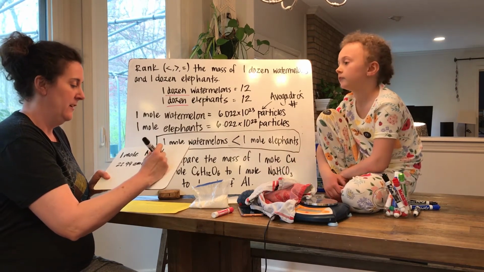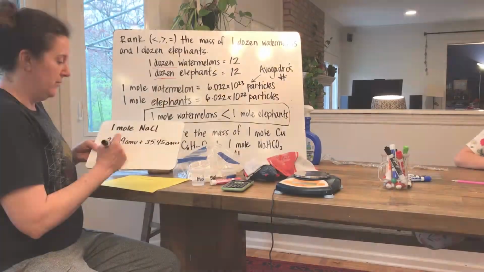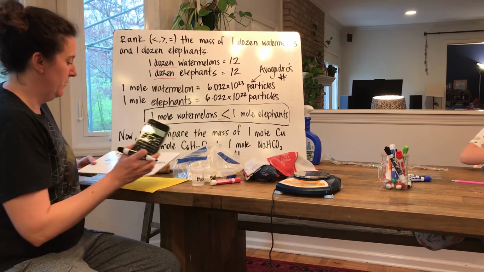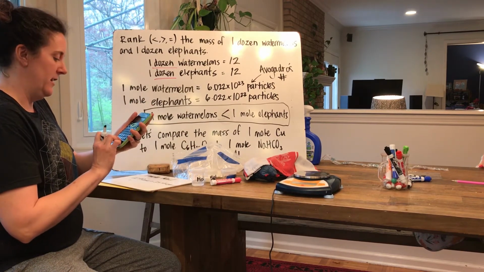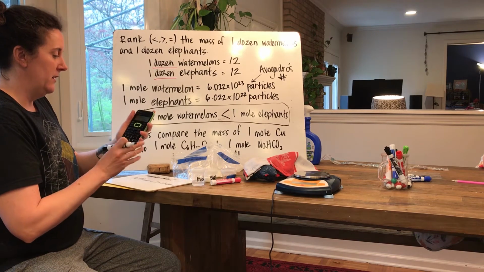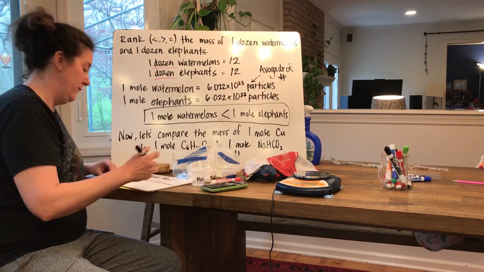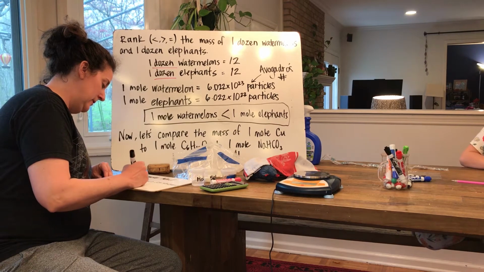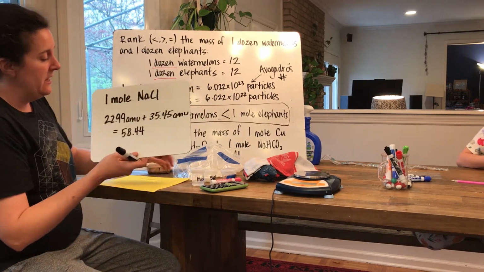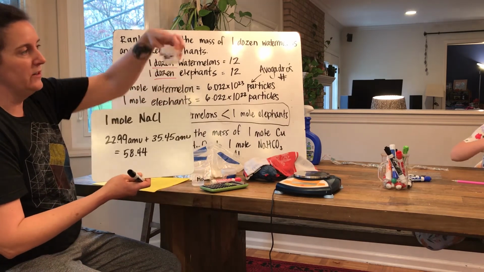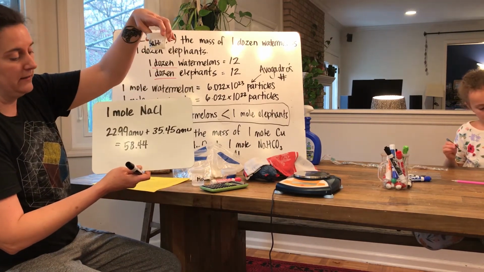35.45 AMU. So the combined mass, if you plug it into your calculator, because I did mental math last time and I screwed up in real time, is 58.44 AMU. Now obviously that's the mass of 1 particle of NaCl.